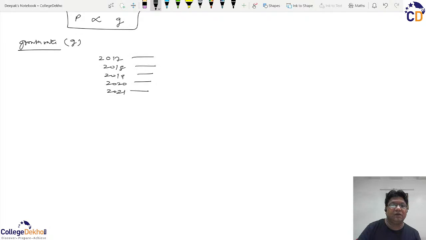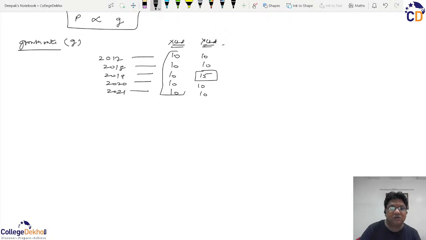One company, X Limited, could have paid a dividend of rupees 10 per share in each of the 5 years. Another company, Y Limited, could have a policy where the dividend is 10, 10, 10, and after some time it may give an enhanced dividend, say rupees 10 plus 5, that is 15. So what is happening here is that company X Limited is following a policy where the dividend each year is the same irrespective of the EPS.